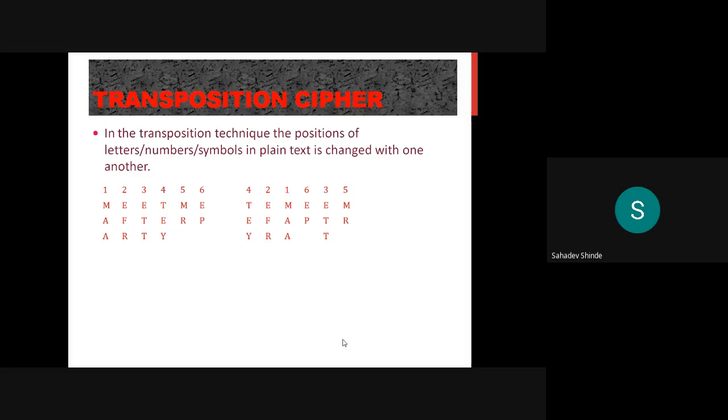The name itself tells what the transposition cipher is, and I have given an example too: the transpose of a matrix. So what is the transpose of a matrix?